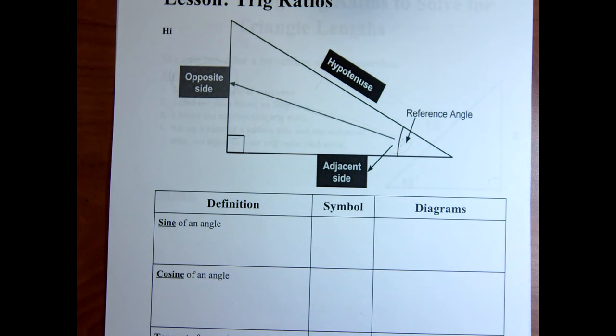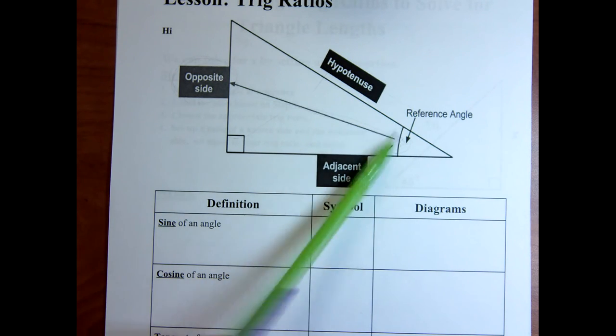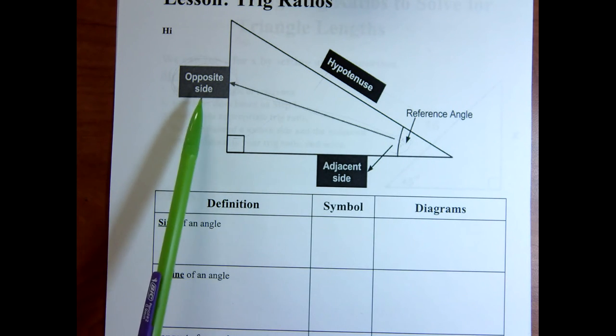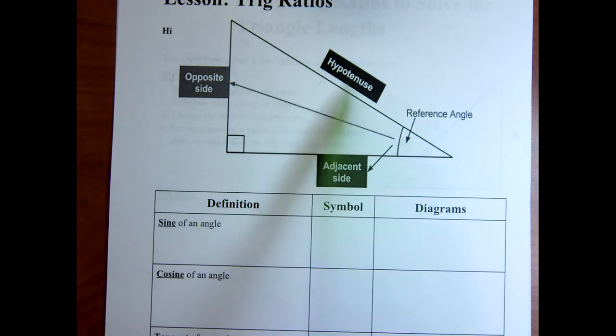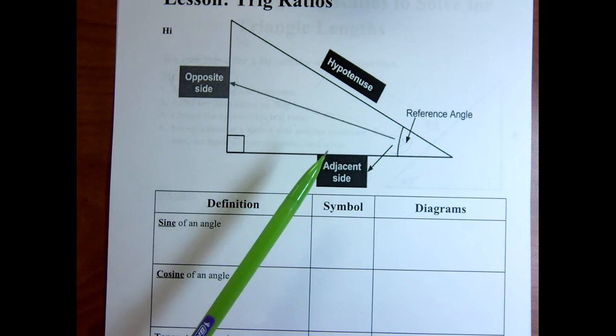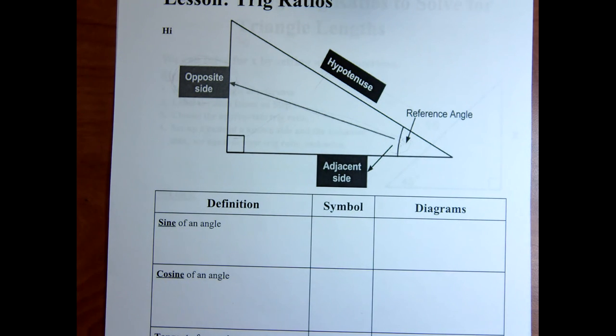So now we want to talk about different ratios we can make based on where our angle is. On a right triangle, we see that the opposite side over the hypotenuse is one ratio. The adjacent side over the hypotenuse is another ratio. And the only one we haven't done yet would be the opposite side over the adjacent side, a third ratio.